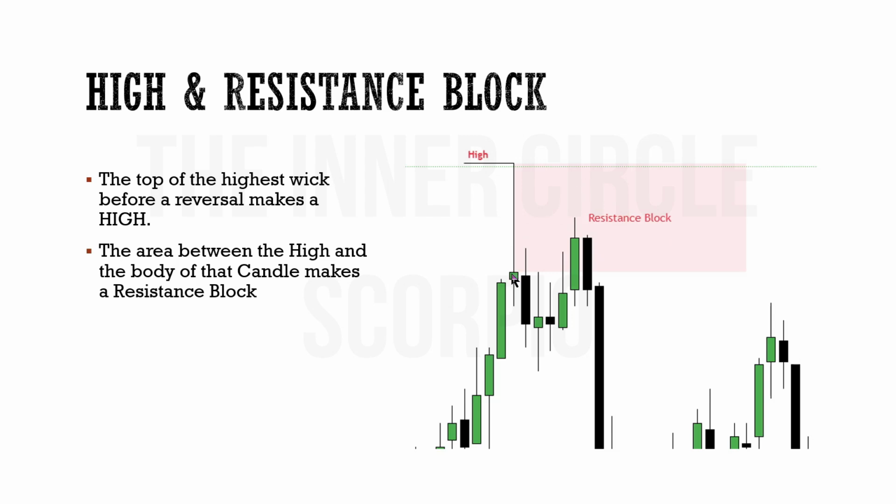The area from the upside of the body to the end of the wick is called the resistance block. The price should not go above this. This is why it's called a resistance block. This is the first PD array that ICT mentions after the high. If you have high conviction in your point of interest where you think the reversal will happen, people actually take entries on resistance blocks for the price to go down.